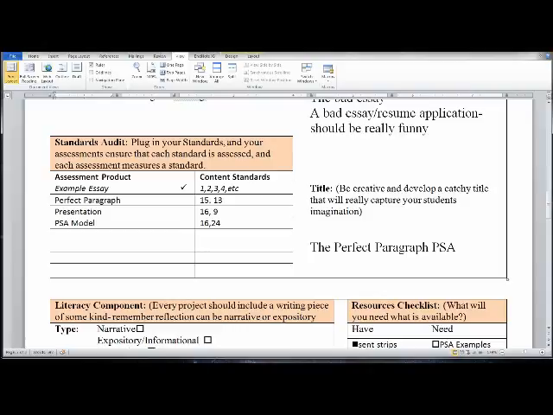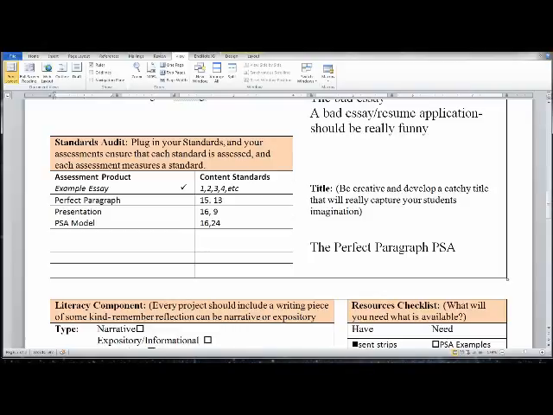You want to have a catchy title because you're going to publish these. PBL is meant to be public. You're going to want to share these. And so you want a catchy title, just like the title of a book. So for me, this is the Perfect Paragraph PSA. And that's the title of it. Even though they're going to be doing more with that than just the PSA, this is what I want.